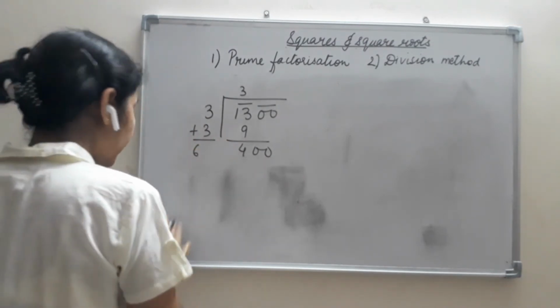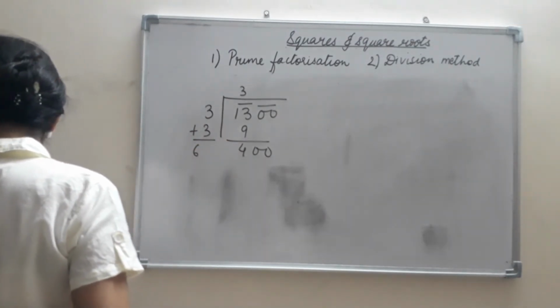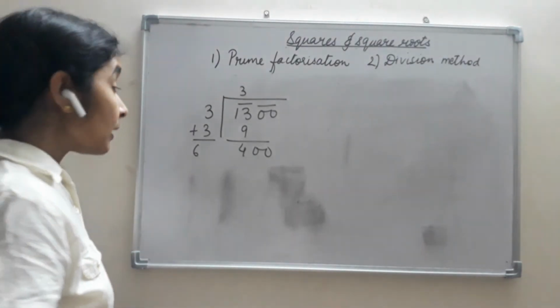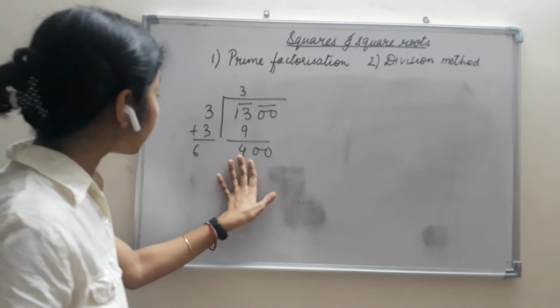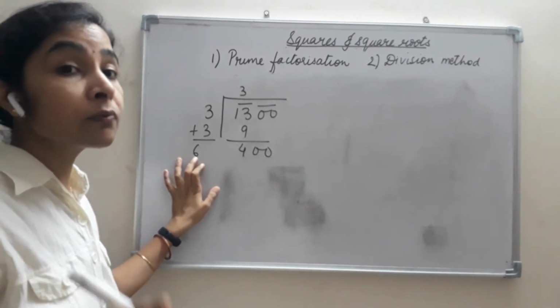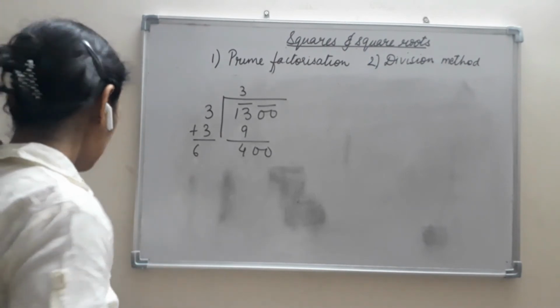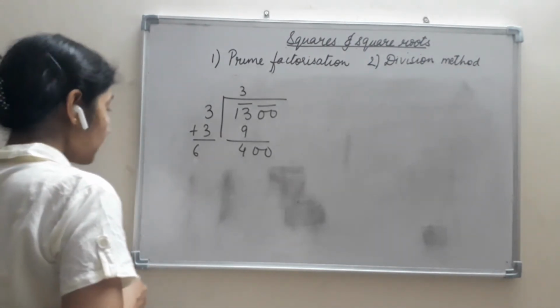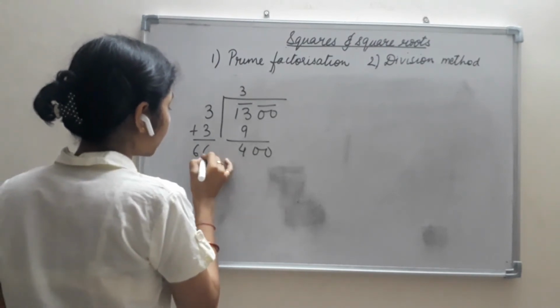Now what should I write here so that the number is less than 400? Here I am having 40. So anything multiplied to 6 should give me a number which is less than 40. So 6 6s I can get 36. I am taking 36.